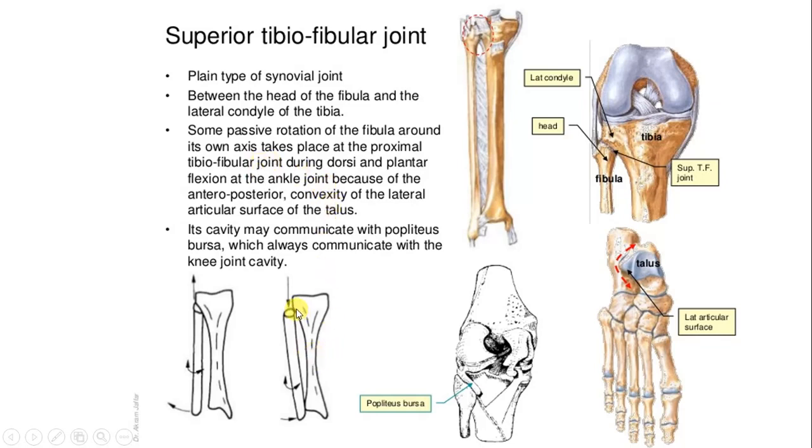That's why this joint is a synovial joint. If this would be its cavity, it must be communicating with the inside of the knee joint. Here we know the tendon of the popliteus muscle moves inside, so through that the capsule of the superior tibiofibular joint may communicate with the knee joint.